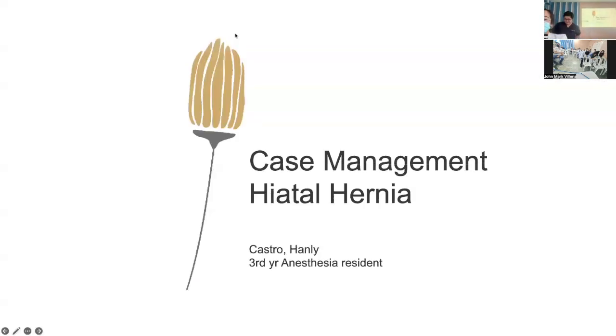Ma'am, wala po kasi sa specific topic po. Yung specific po na laparoscopic cholecystectomy na procedure po, ma'am. It's just the difference is we're taking out the differentiating, like for colon.